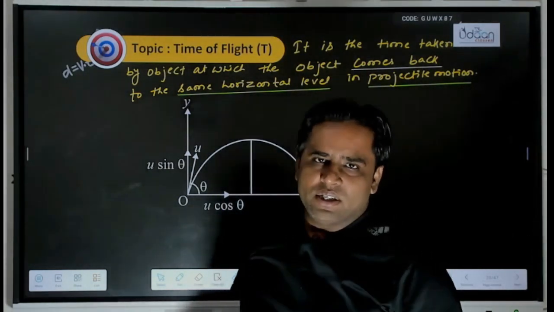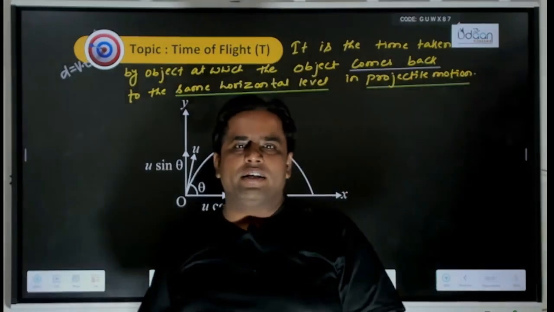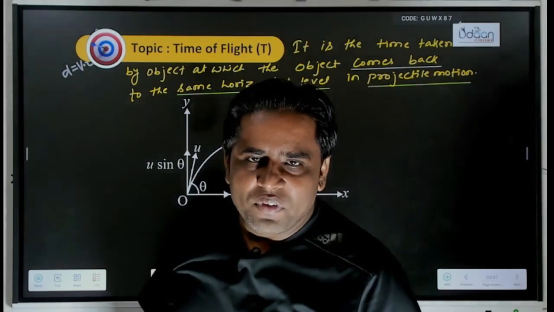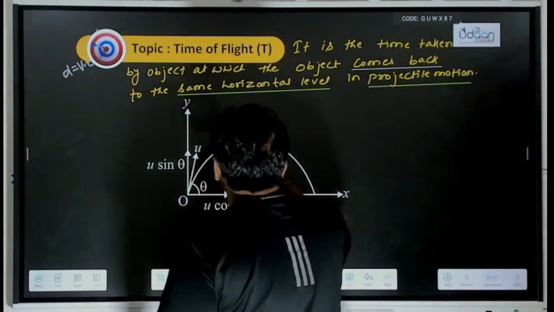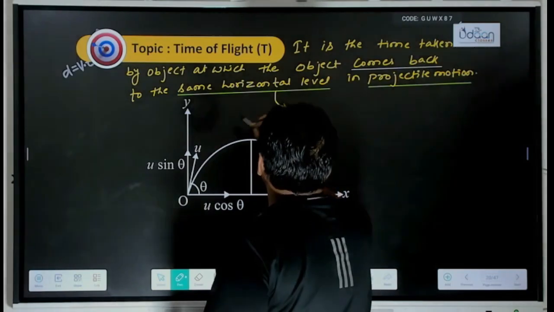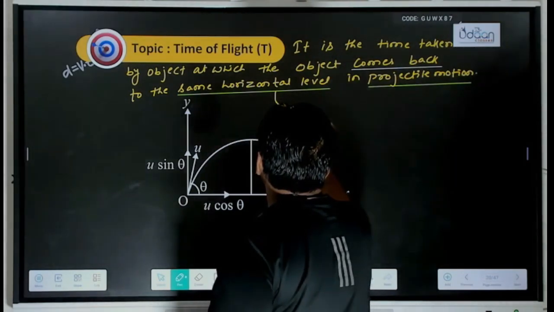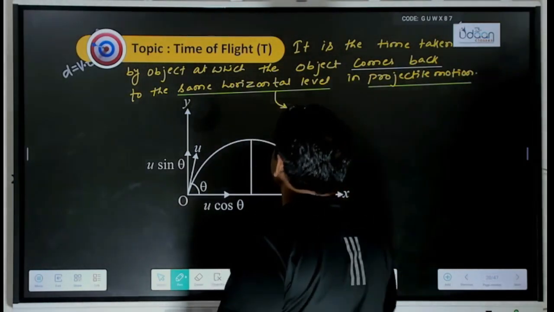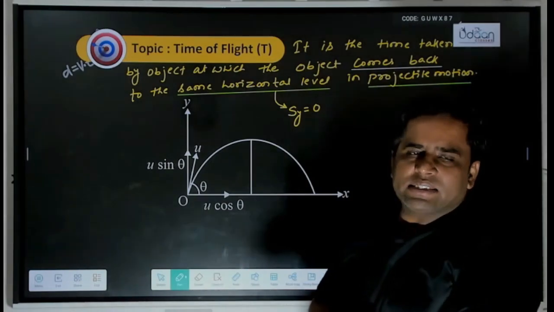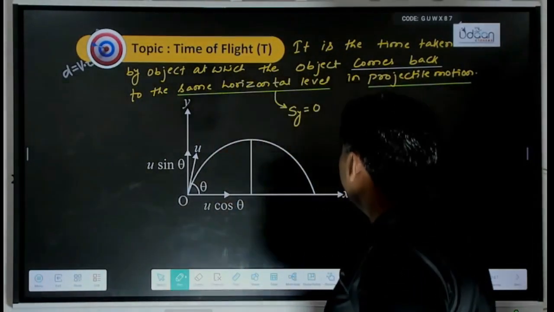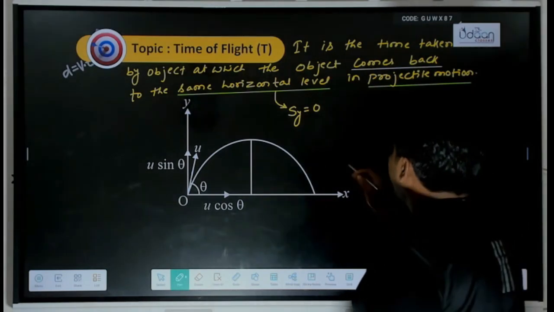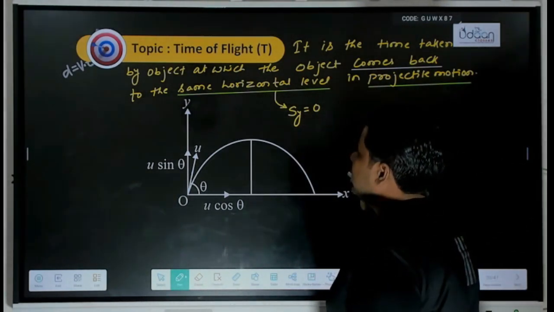So if we are finding the time of flight, what do we need to do? It is coming back at the same horizontal level, so the key point is that displacement in the y direction will definitely be 0. So we can apply Sy equals 0 in this case.